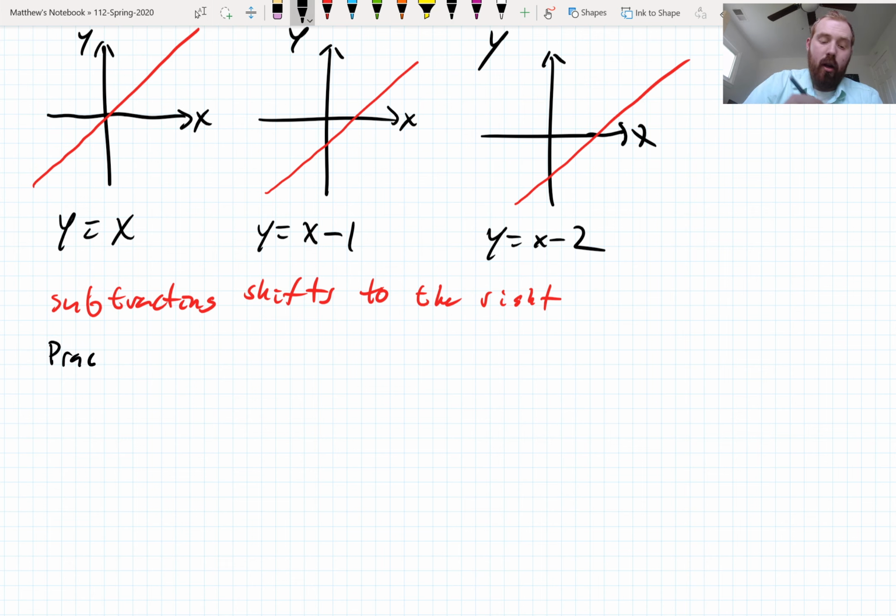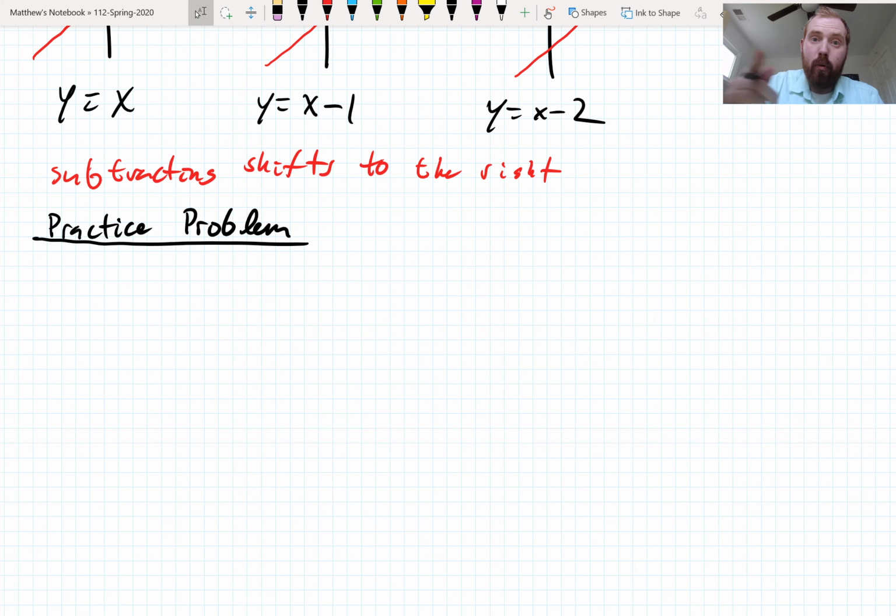All right. So, practice problem. Let's actually do something with this new knowledge. And I'm going to give you the electric field. E of t, x is equal to this.